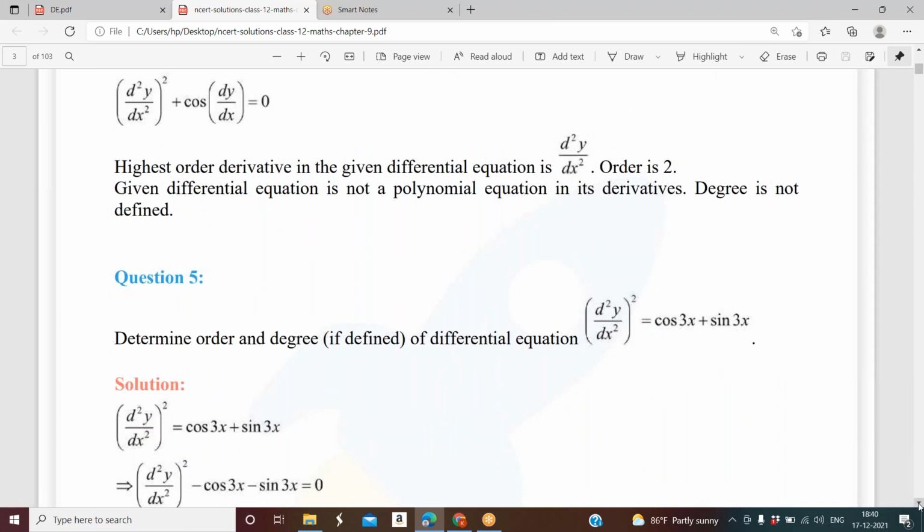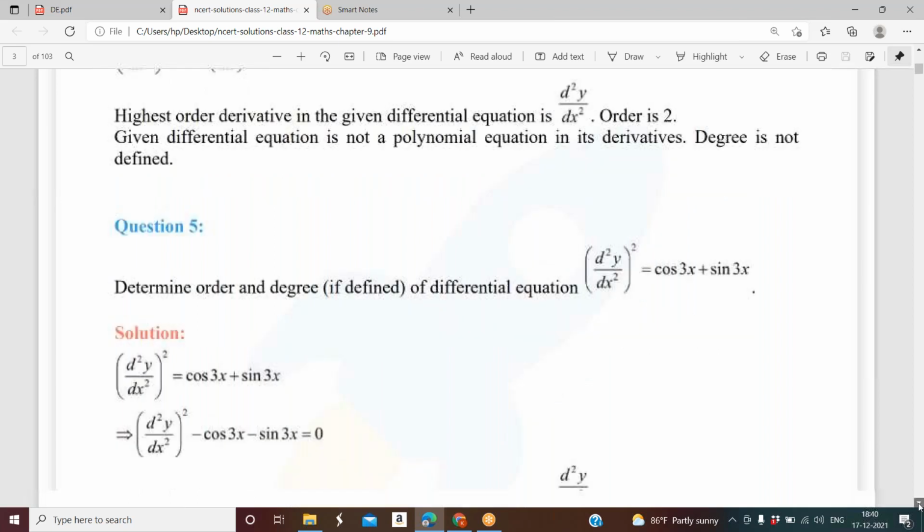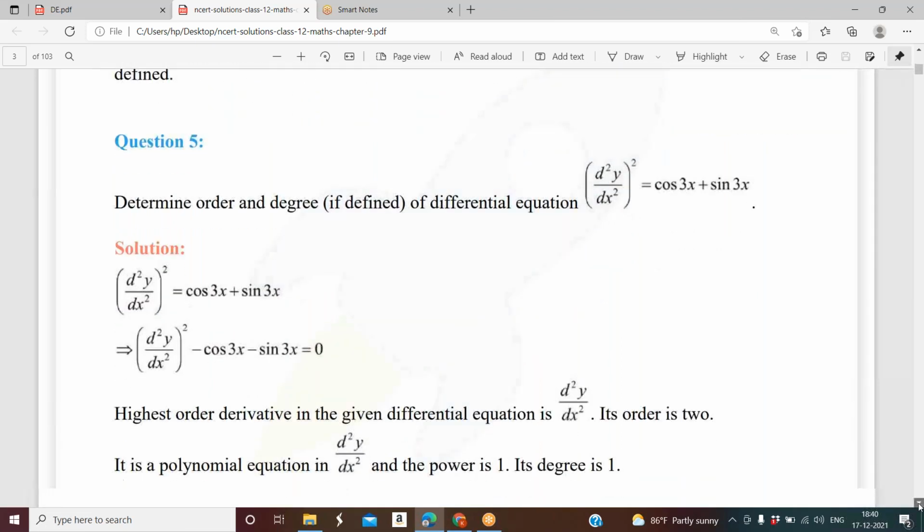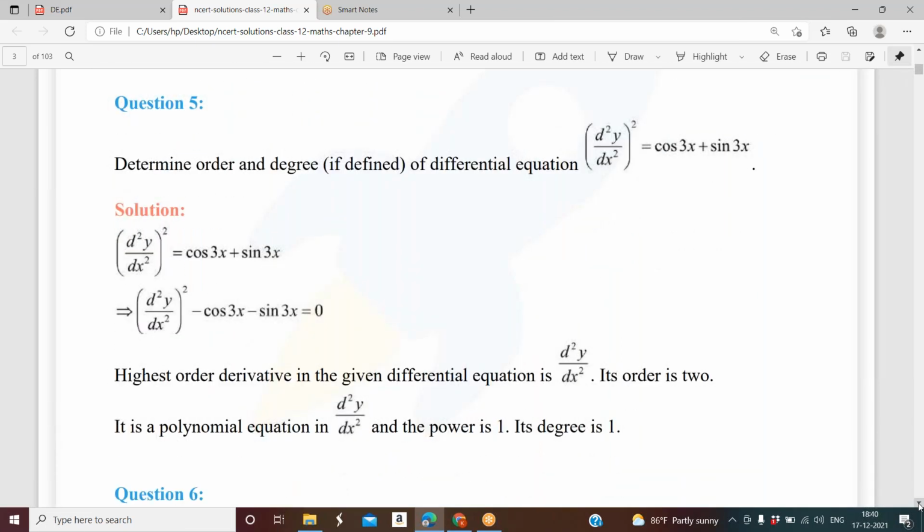See the next problem. Determine order and degree if defined for the differential equation d square y by dx square the whole square equal to cos 3x plus sin 3x. First you simplify this equation. You rewrite the equation as d square y by dx square the whole square minus cos 3x minus sin 3x equal to 0. So what is the highest derivative in this equation?